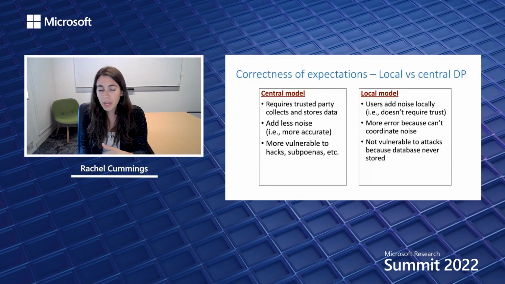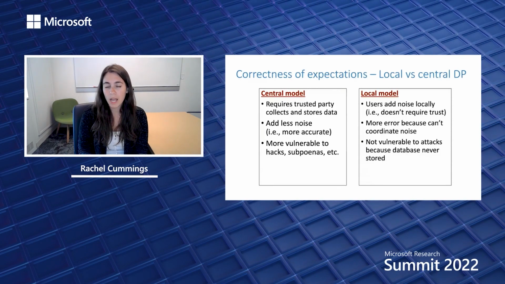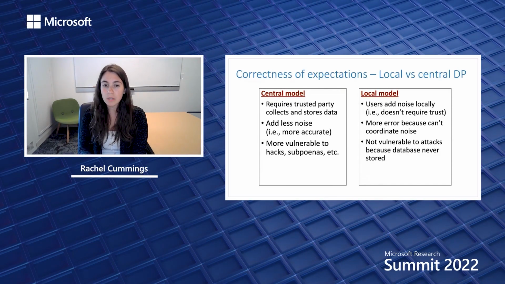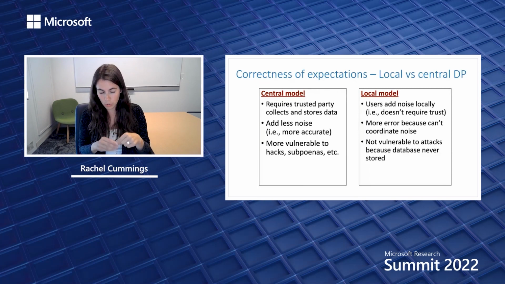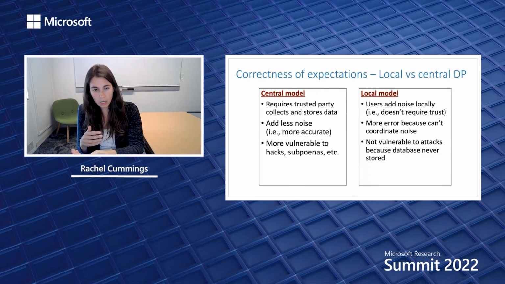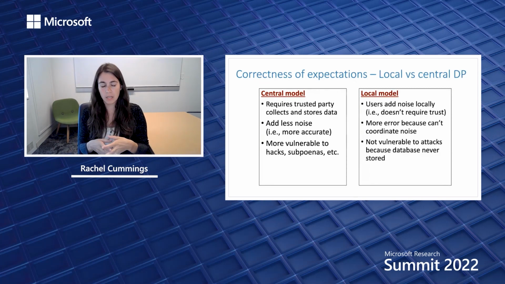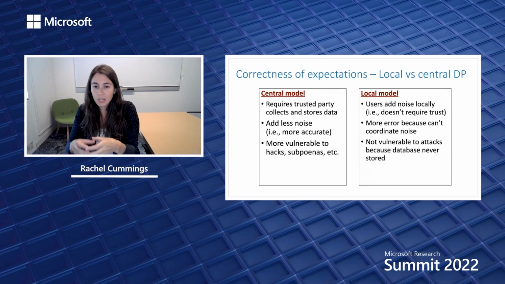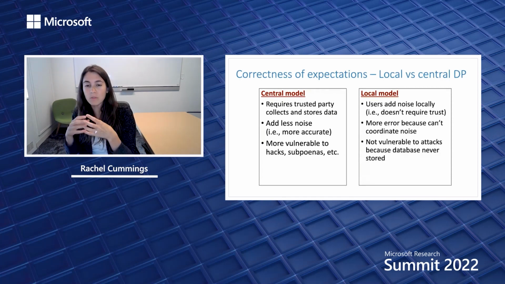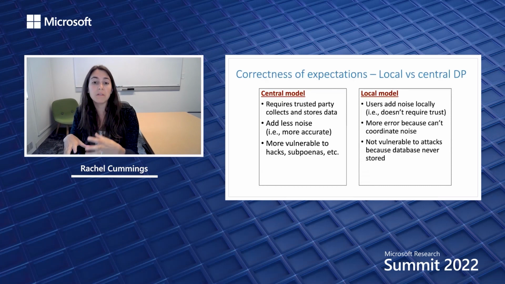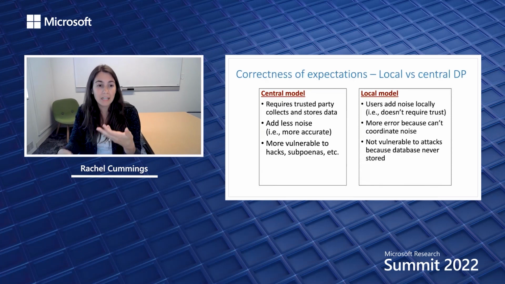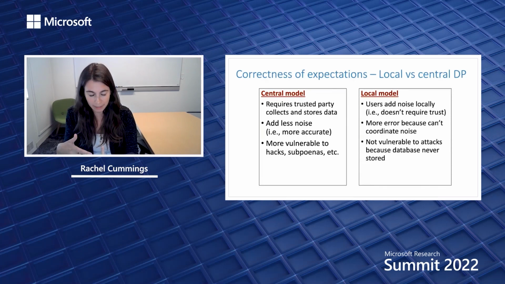On the other hand, we have what's known as a local model, and so this is where users are going to add noise locally to their data before they share it. And so this means that the analyst doesn't actually have a database of raw data, but rather they have a database of noisy signals that are roughly correlated with the data.